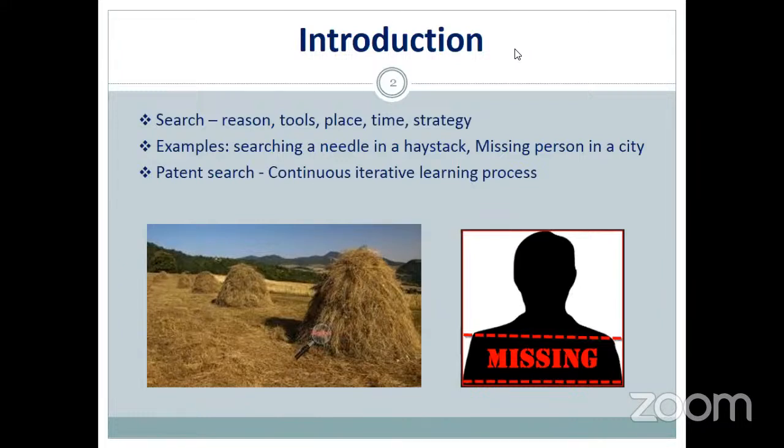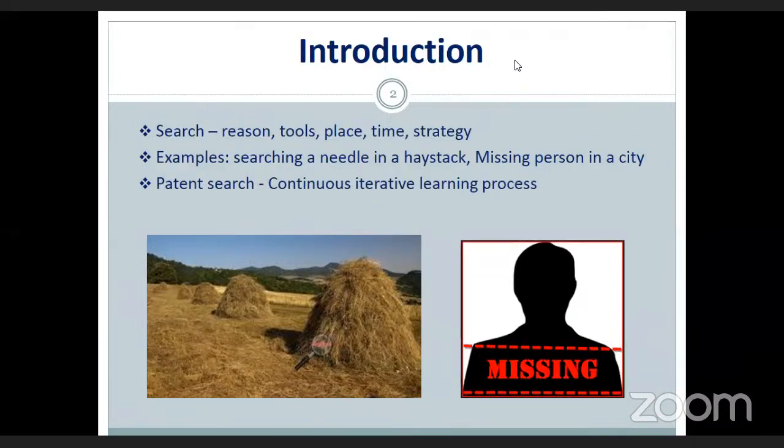And for a search, I mentioned that a reason should be there, a tool should be there, a place, time, and strategy should be followed. The reason is that what you are going to search should be known. Here the query is that you're going to search for a needle. So the reason is mentioned, and the place is also given: a haystack. But which haystack?